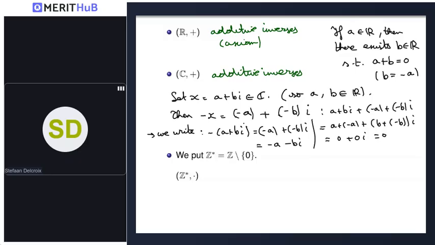So then let's have a look at multiplicative inverses. For our numbers, what is the multiplicative identity? Think about what that means. The number that, when you multiply by it, doesn't do anything. 1. So what is the inverse of a number a? I need to multiply a by something, and I get 1.